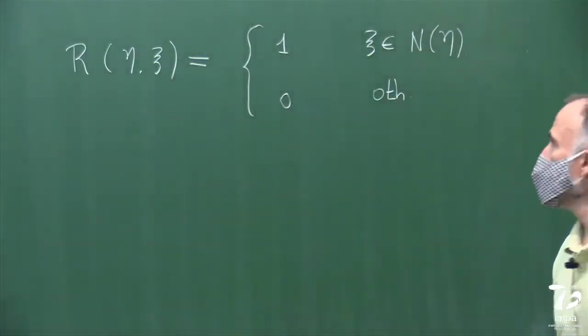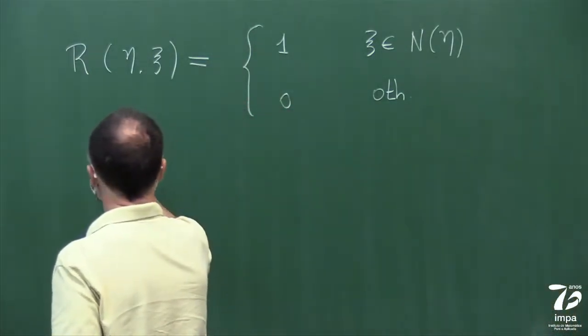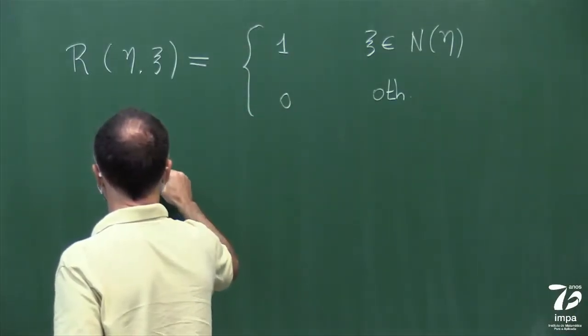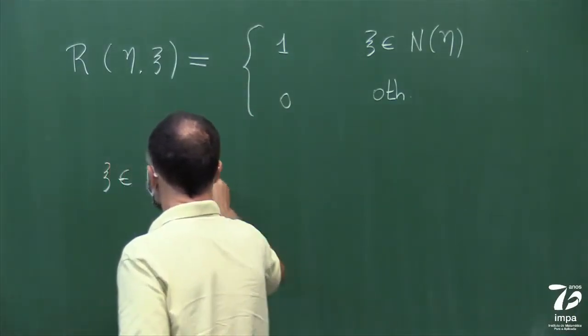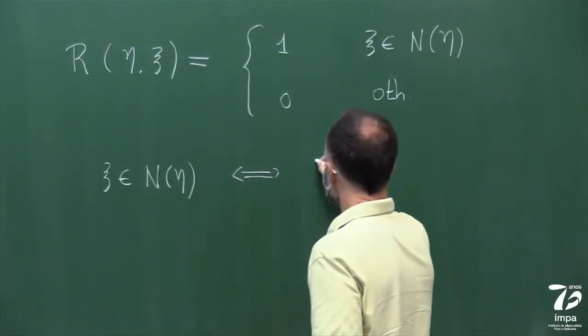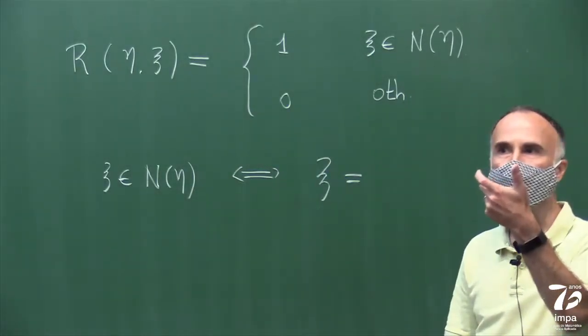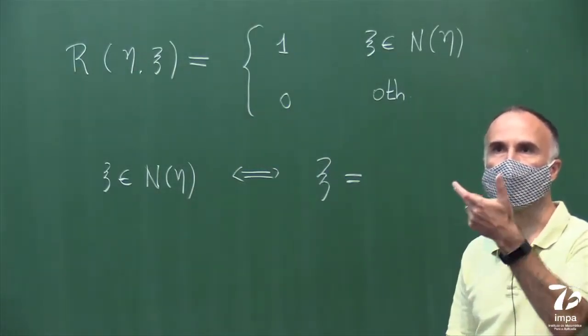But psi belongs to the neighborhood of eta if and only if psi is obtained from eta by exchanging a particle with a hole.